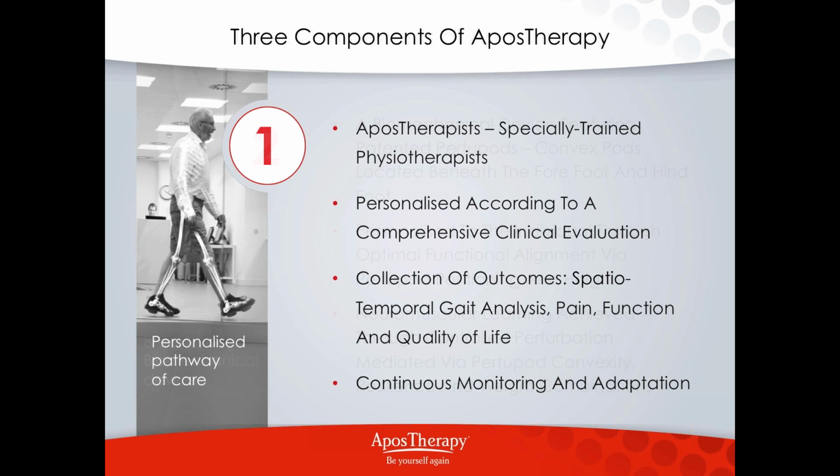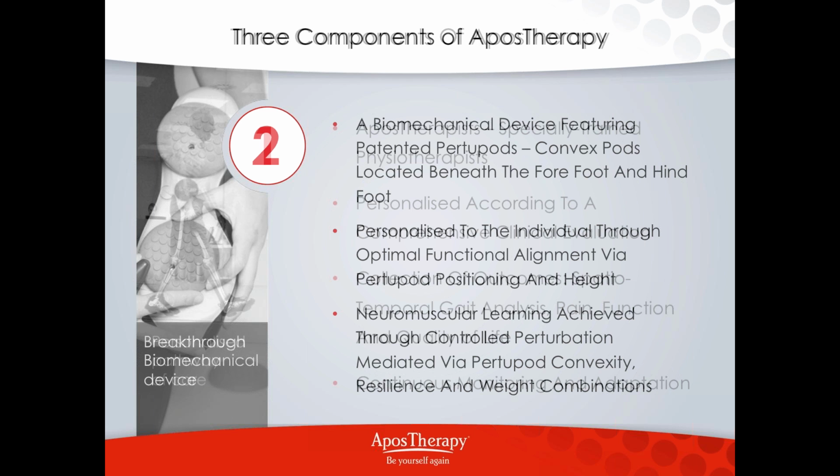We have certain outcome measures, so we have a special computerized system that analyzes your gait, which guides us in terms of suitability for the treatment. And again, we can guide you in terms of surgeries and whether that's the appropriate route to go down as well. You fill out different questionnaires that look at pain and function and quality of life, which we can then monitor throughout your treatment. And throughout the treatment, we're continually monitoring and adapting things to make sure we're optimizing things.